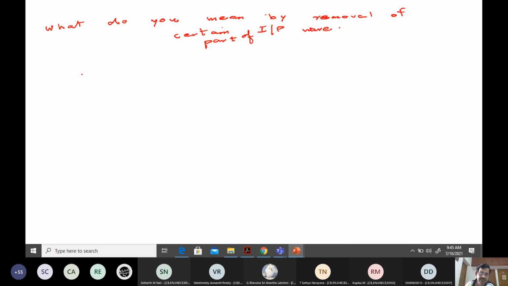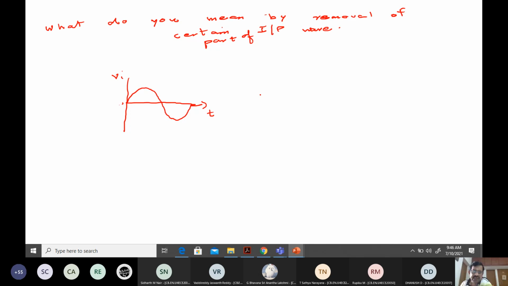Let us say I have an input signal which is sinusoidal like this, and this is my input as a function of time.